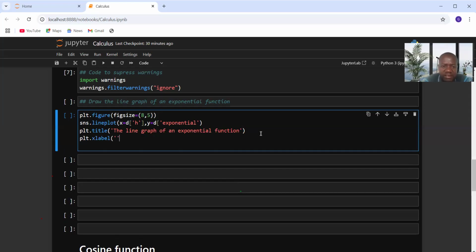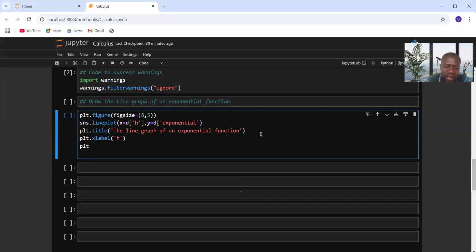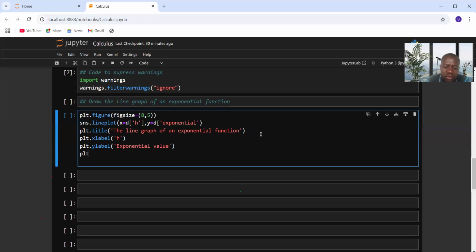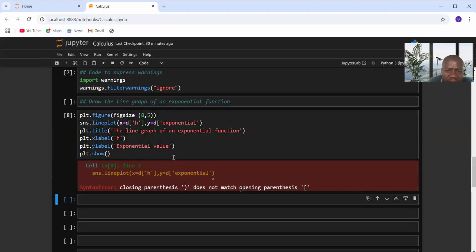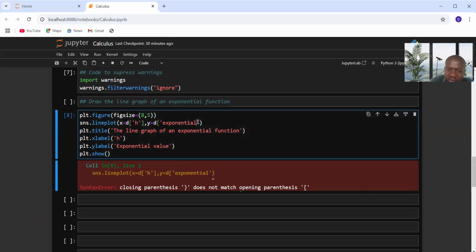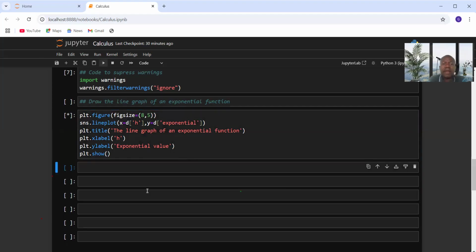Let's label the x-axis, let's call this h. plt.ylabel on the y-axis, let's just put the exponential values. Then plt.show, I want to show the plot so that we can do the analysis. Okay, let's run this. Oh, okay, I forgot to close this.